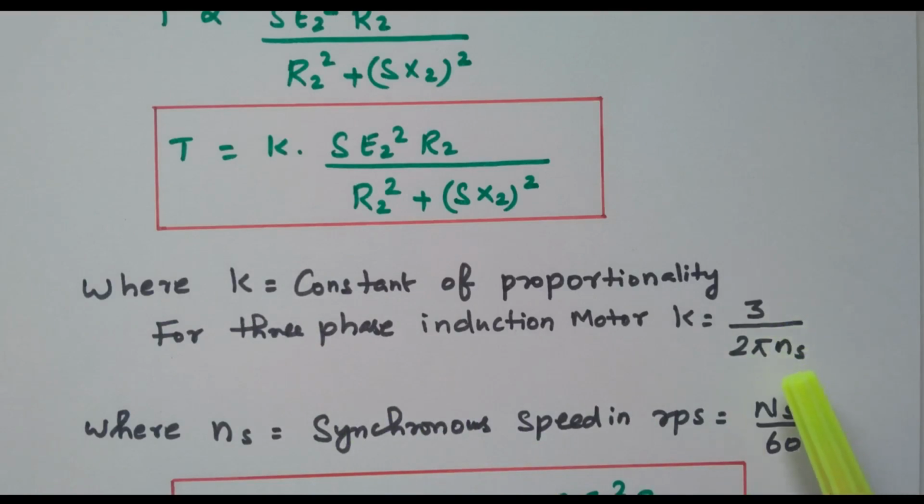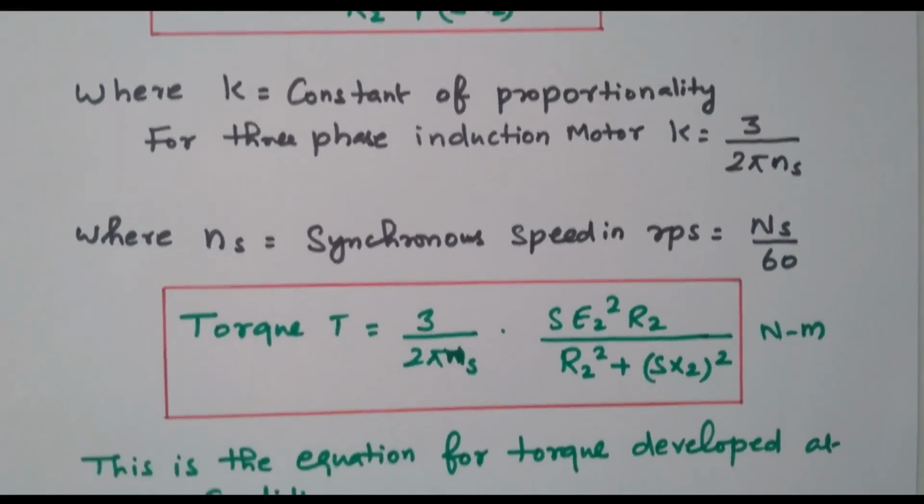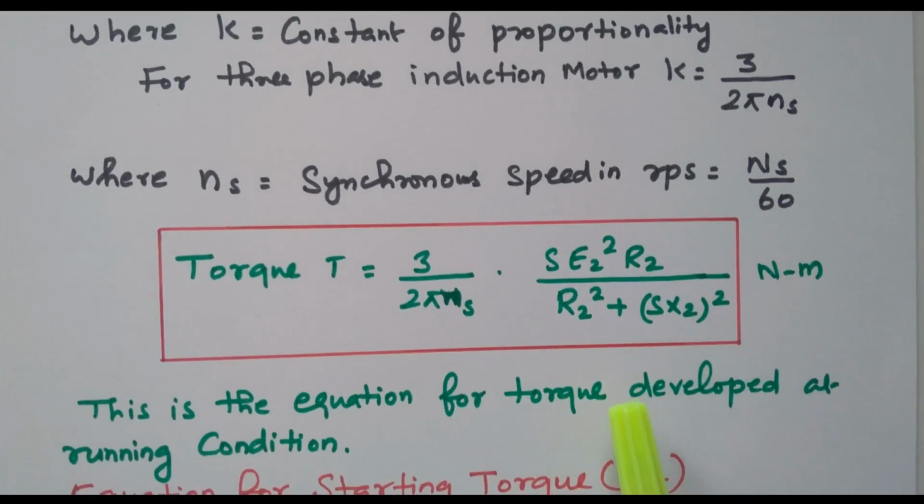If we substitute the K value, we get the final expression for the torque: T equals 3 divided by 2π ns, into S E2 square R2 divided by R2 square plus (S into X2) square. The unit is Newton meter.